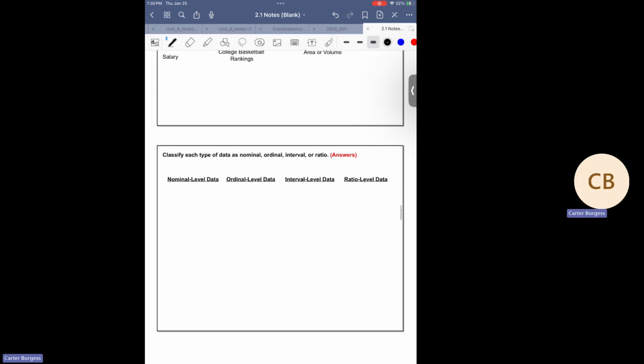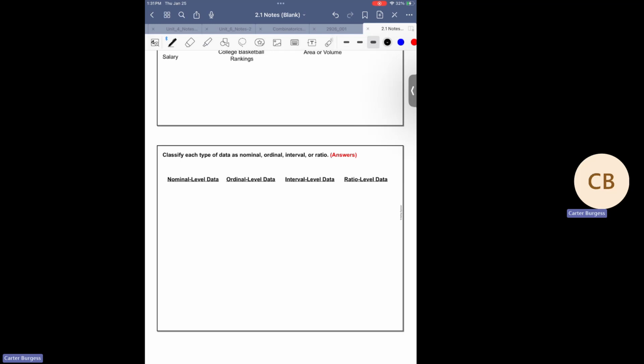If it were ranking, it'd be ordinal, because nominal is not ranking. So it's kind of the same as a name, right? That's a trick. There's another one on there that is a number, but we kind of use it like a name.